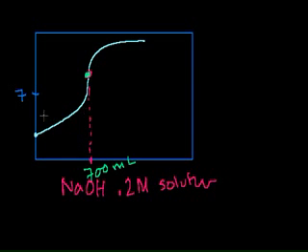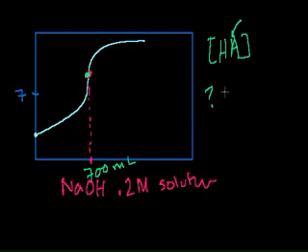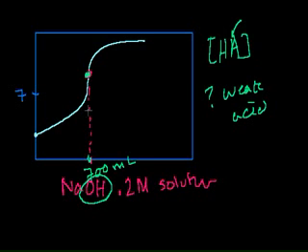So the first question is, how much of our weak acid did we have? What was the original concentration of our weak acid? Well, we must have added enough moles of OH- at the equivalence point to cancel out all of the moles of the weak acid.